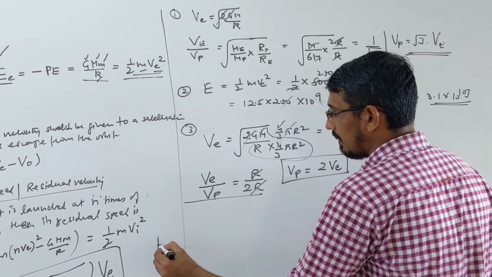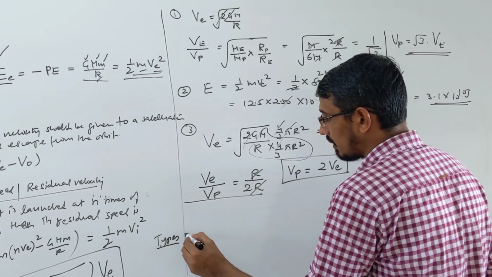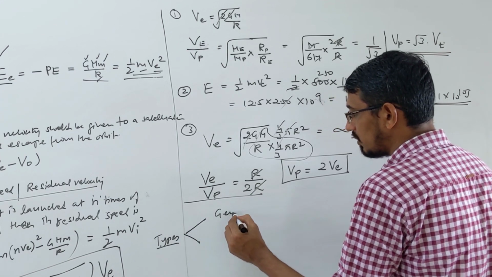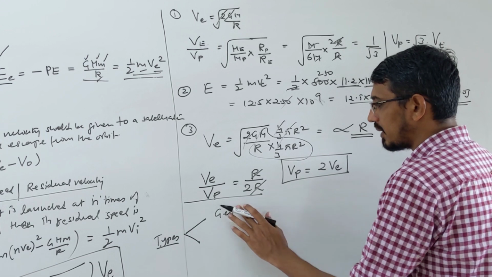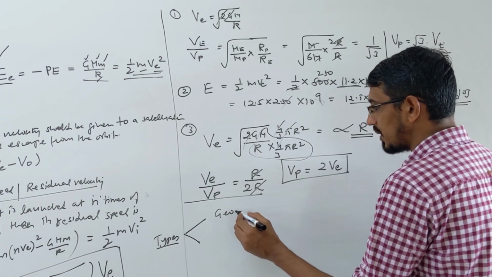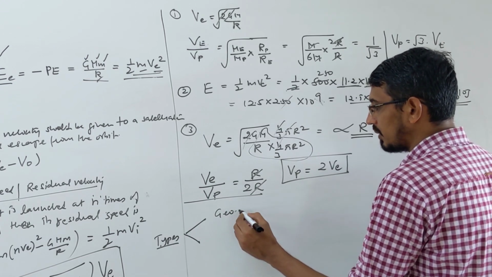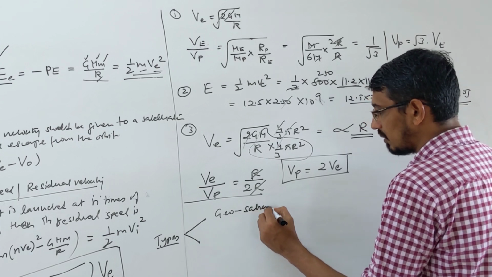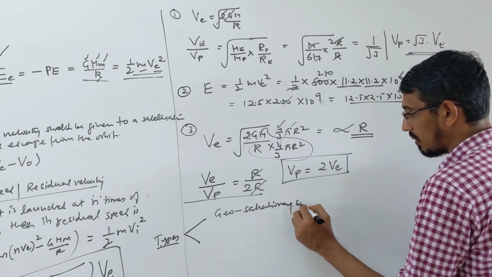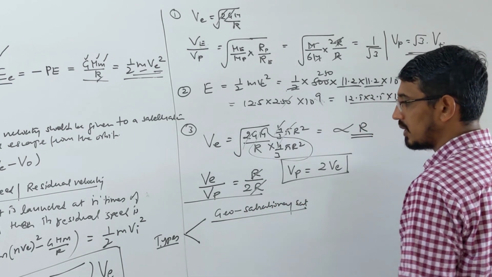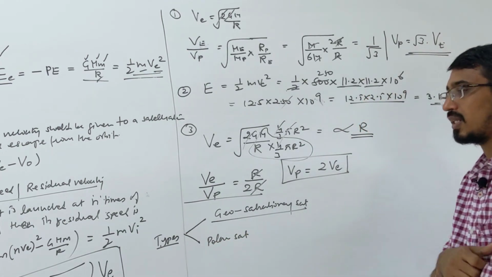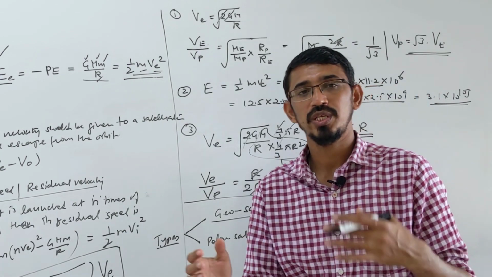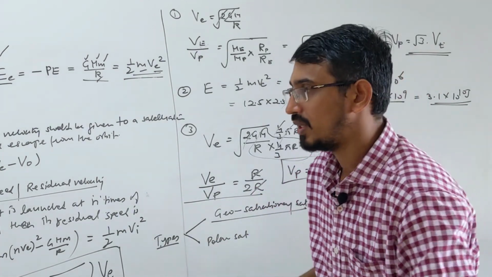Types: one is called geostationary, or there are many names, it's called geosynchronous, geostationary, parking. Other is the polar satellite.